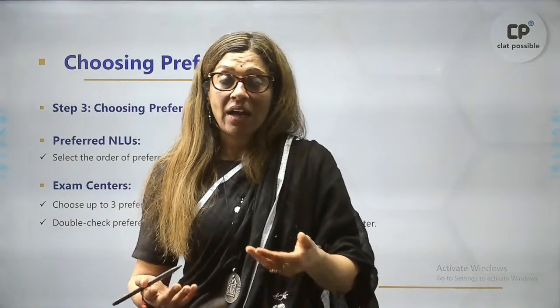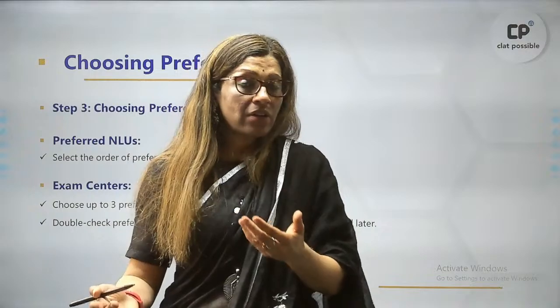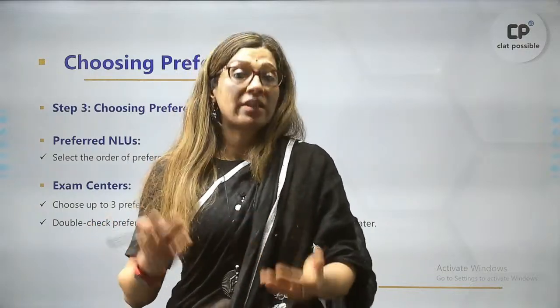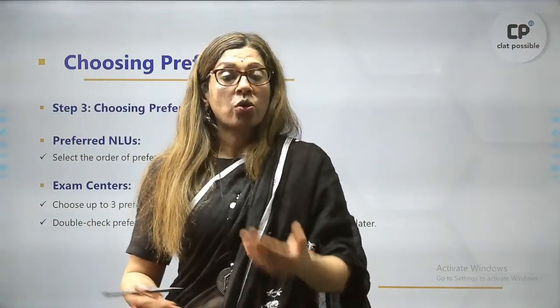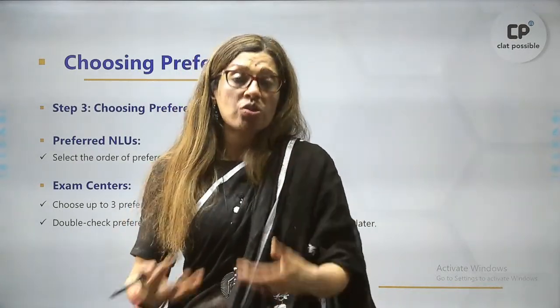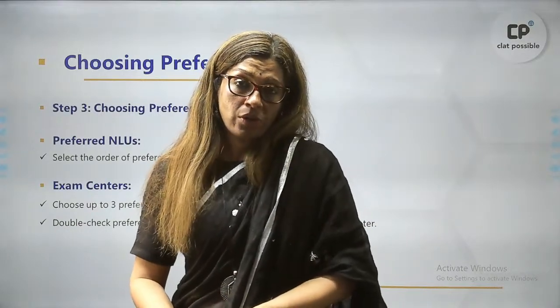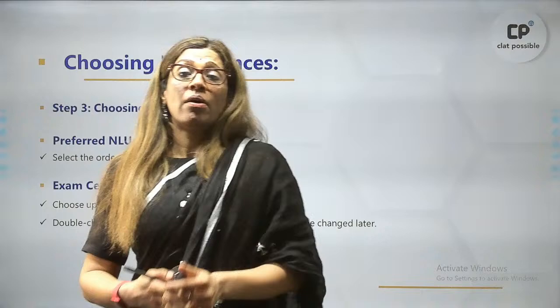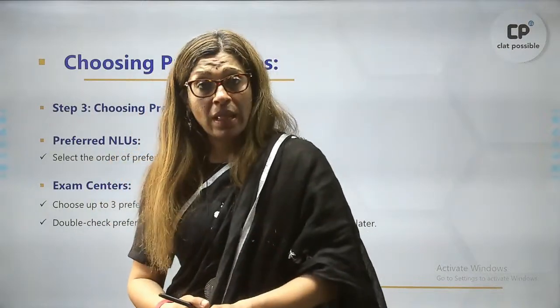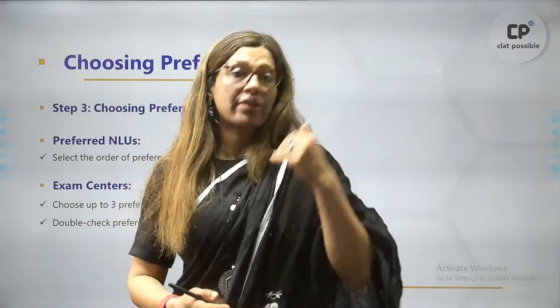Again, Lucknow and Patiala, you can choose the region and put one or the other on top, followed by Cuttack, Kochi, and then towards the end, you can choose the region and fill in your NLUs. Alright, so this is my preference list for you. You can hear this part of the video again if you got confused.